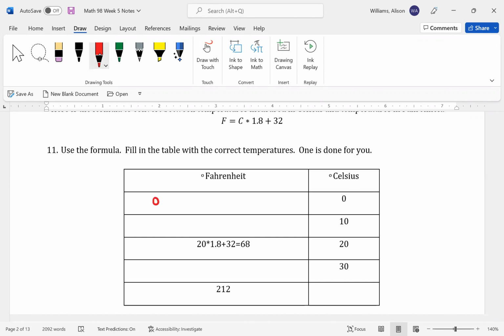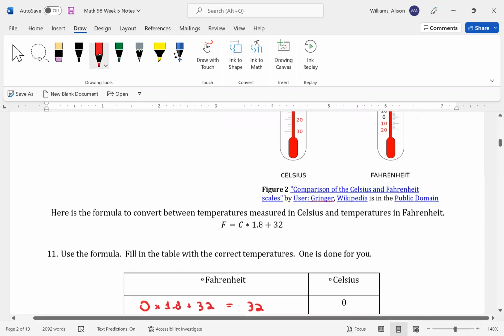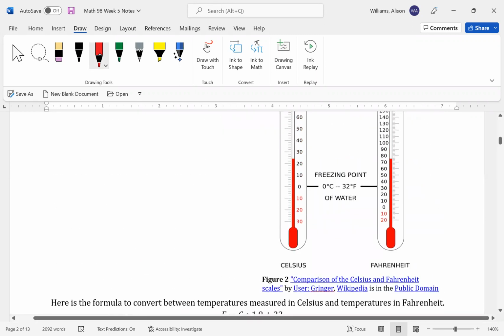So 0 times 1.8, plus 32, which is just going to be 32, which actually they labeled in the picture for us, right? 0 degrees Celsius is 32 Fahrenheit.